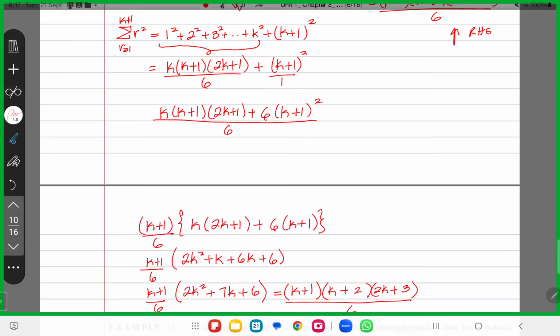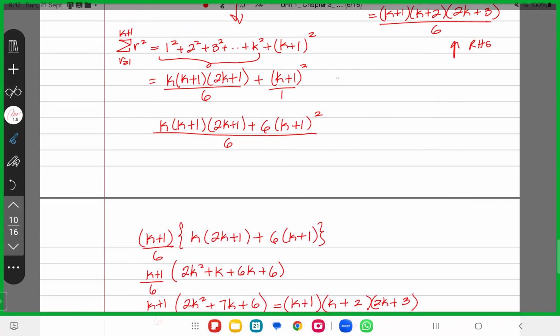Now that step 3 is finished, you're going to make a statement. And this statement is step 4. The statement is the same statement every single time you make it. That P(k+1) is true when P(k) is true.